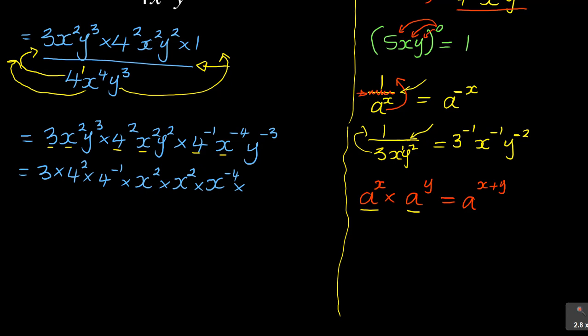Then times, done with the x, I've got my y there, which is y to the power of 3, times my other y squared there, and times my y to the power of negative 3 there.